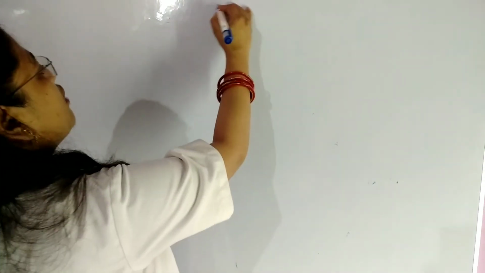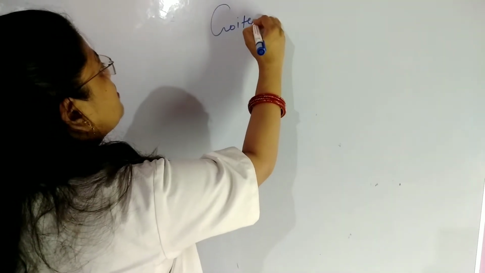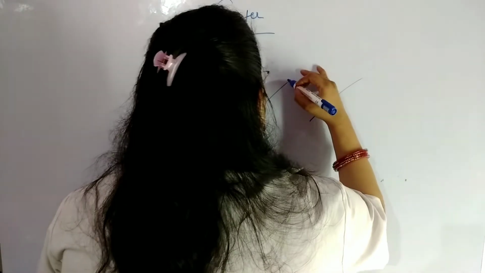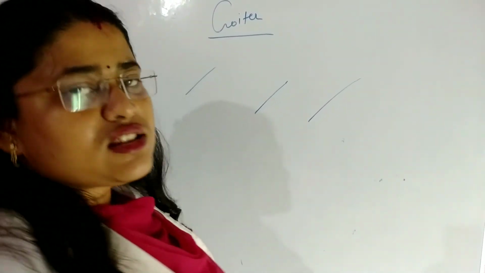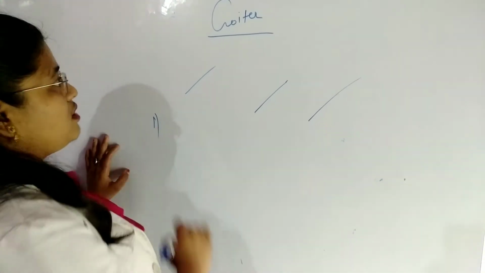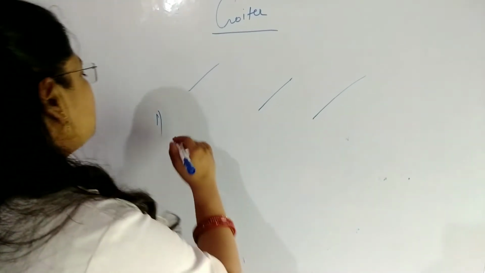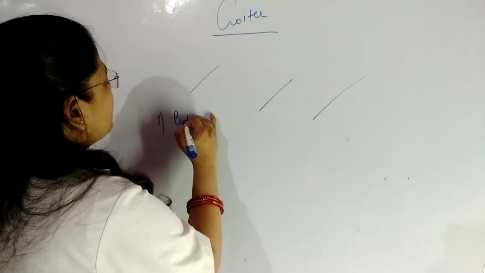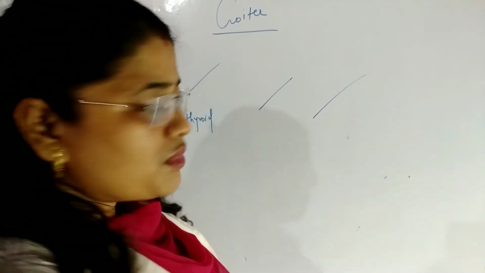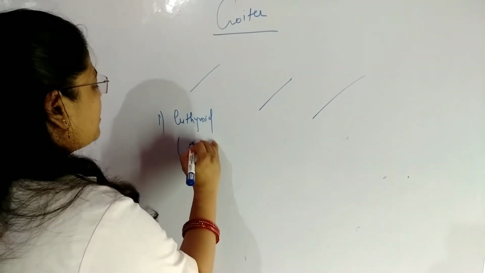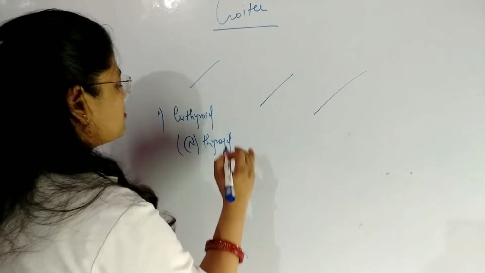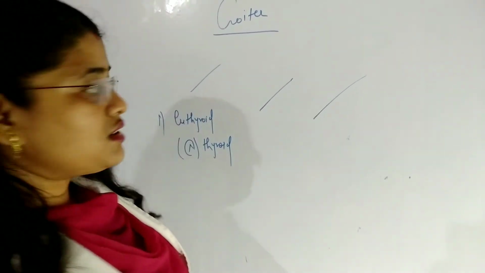One thing about goiter is very important: it lies in all three states of the thyroid gland. It is present in the euthyroid condition also, and euthyroid means normal thyroid condition, which may produce goiter.